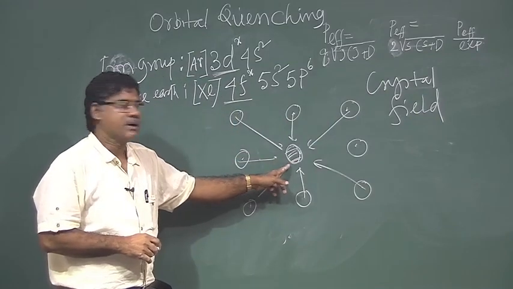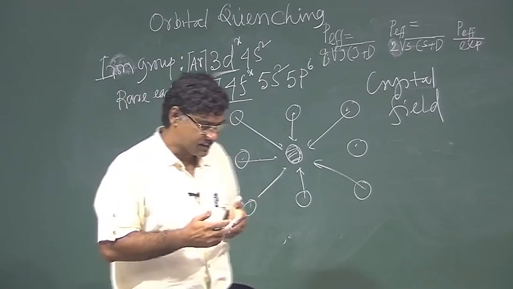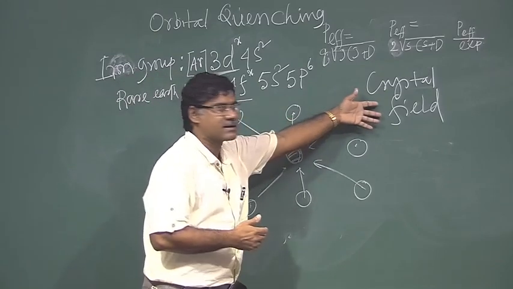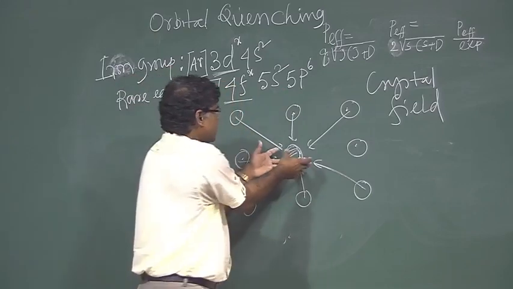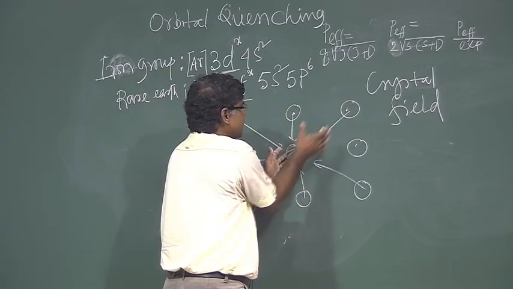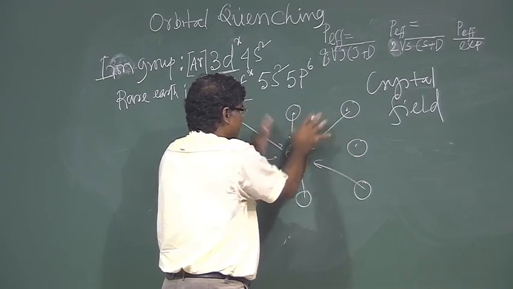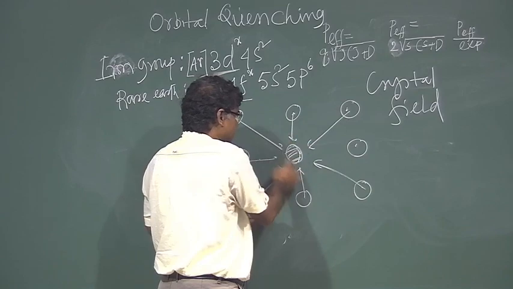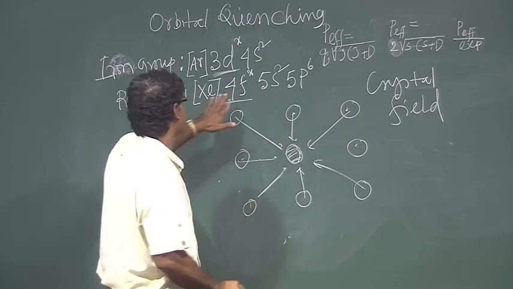Now, where is this crystal field coming from? It is of electrostatic nature. Due to this crystal field, this influence from the neighbors, the electronic structure is affected, the shells contributing to the magnetic moment are affected, right.